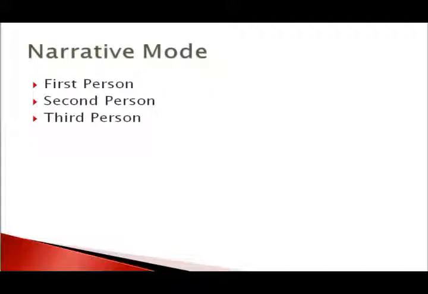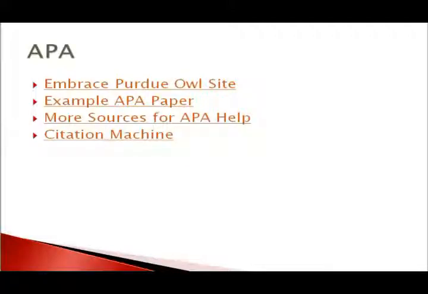Second person, you're writing with you think this, or you did that. And then third person, you're writing he, she, it, they, but never I or we, which would be first person, or you, which would be second person. So there's a lot of information on the web about narrative mode. I would suggest looking into that if you've had any issues, or if the professor requires that you don't write in first person.